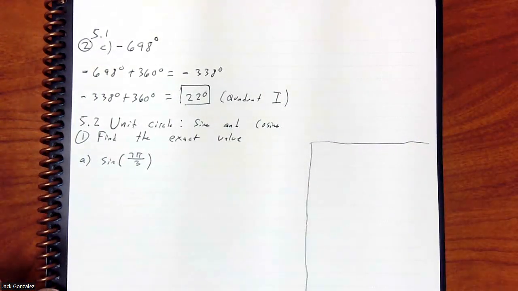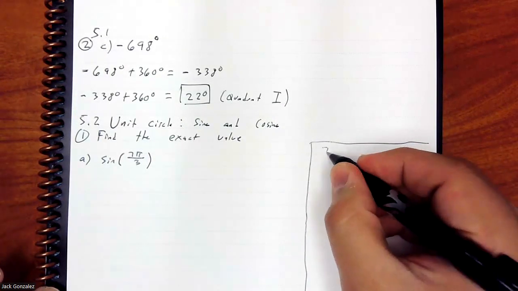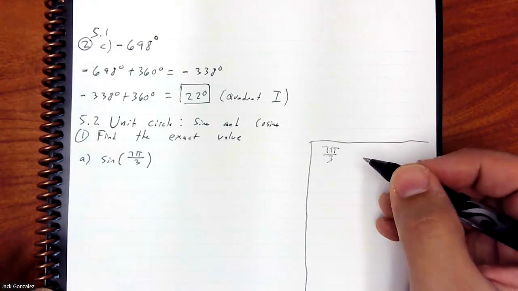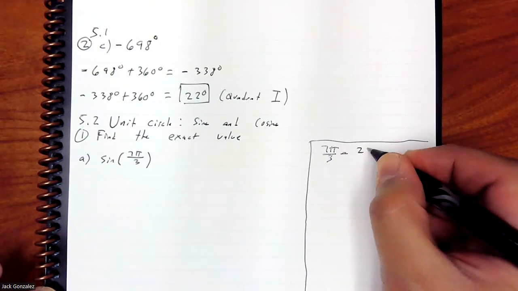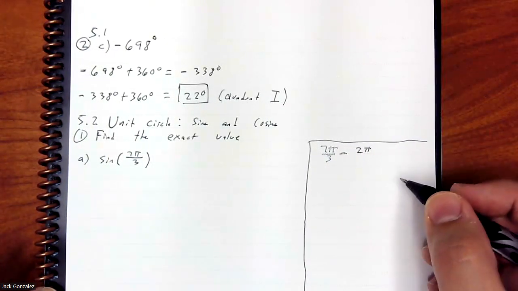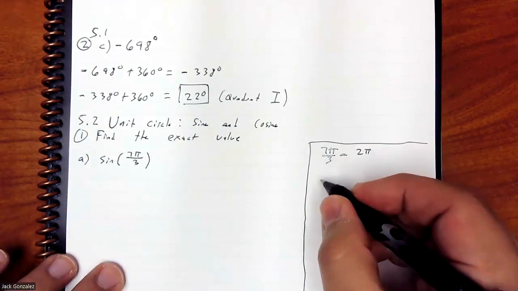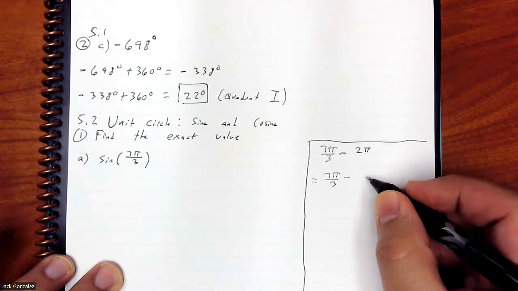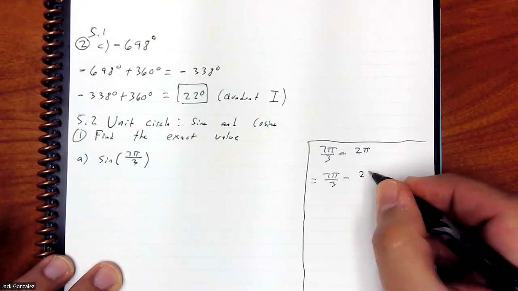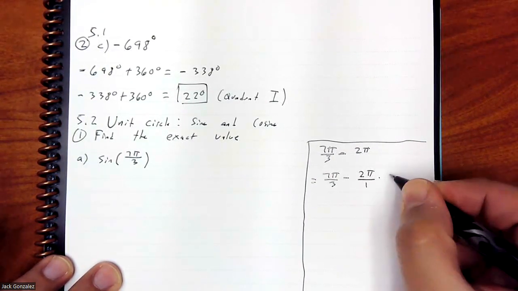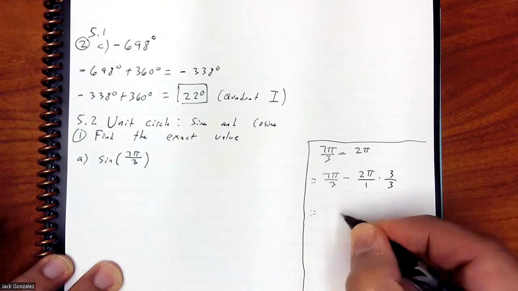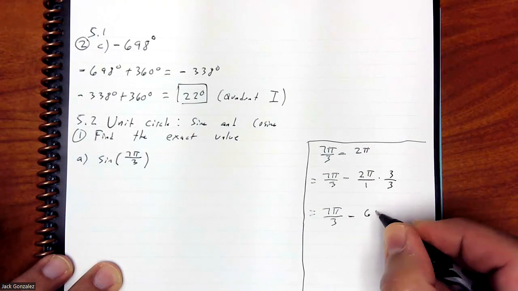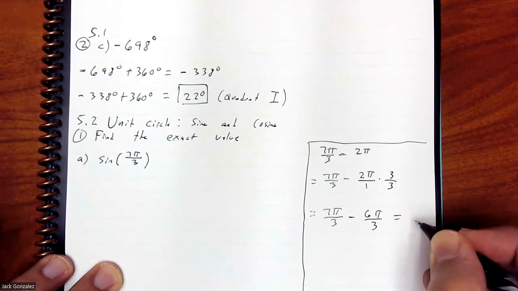All right, so 7 pi over 3 is bigger than 360, or 2 pi. So minus your 2 pi. If you want to convert and then subtract 360, that's up to you. 7 pi thirds minus 2 pi, that would be 2 pi times 3 over 3, which would be minus 6 pi over 3.